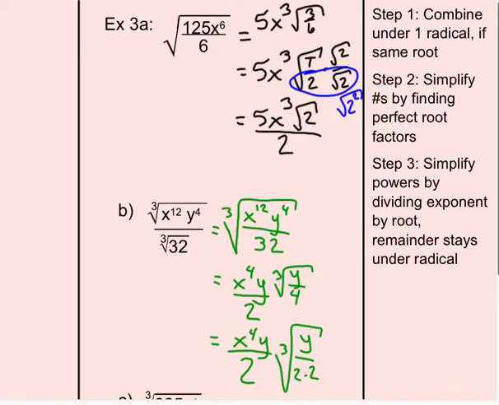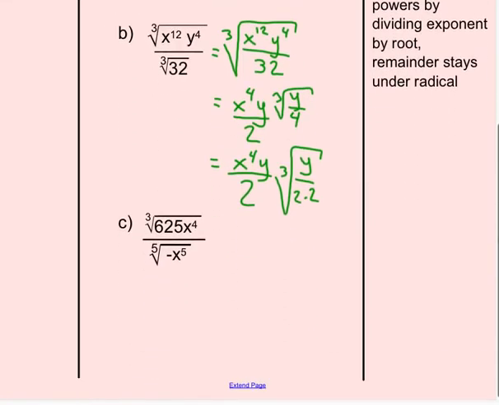So I need a perfect cube under my cube root in order for it to cancel. So I'm going to multiply by the cube root of 2 over the cube root of 2. Because I already have two 2's under my cube root right here, I need one more to make it a perfect cube to cancel my cube root.